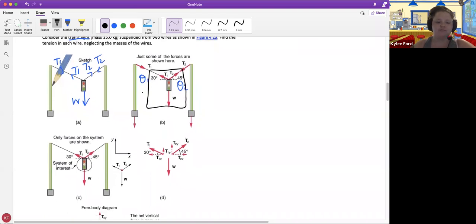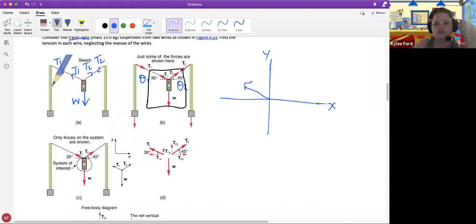Moving on, we can break this down, and I'm going to try to redo my explanation here rather than just going off of this. If I have an X, Y coordinate system here, I'm going to draw my tensions. So I've got T1 here, then I have T2, and my weight here.